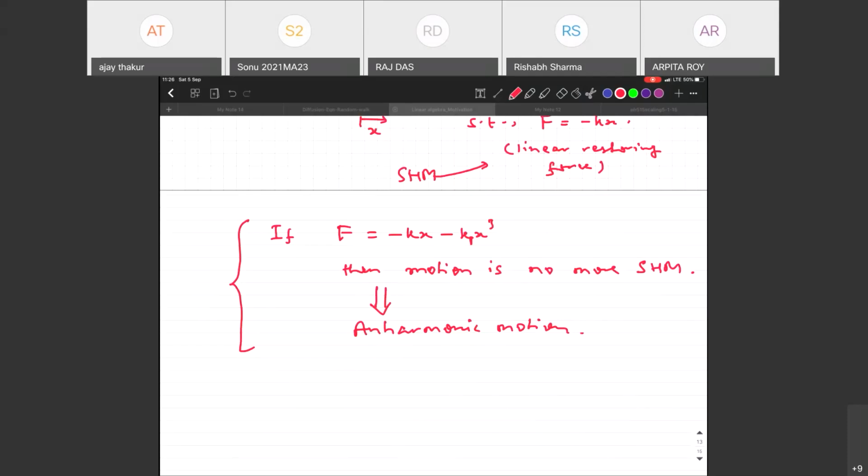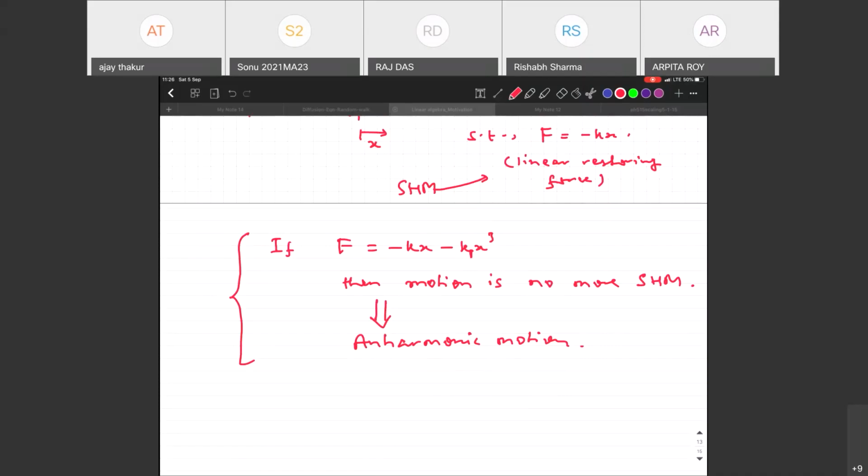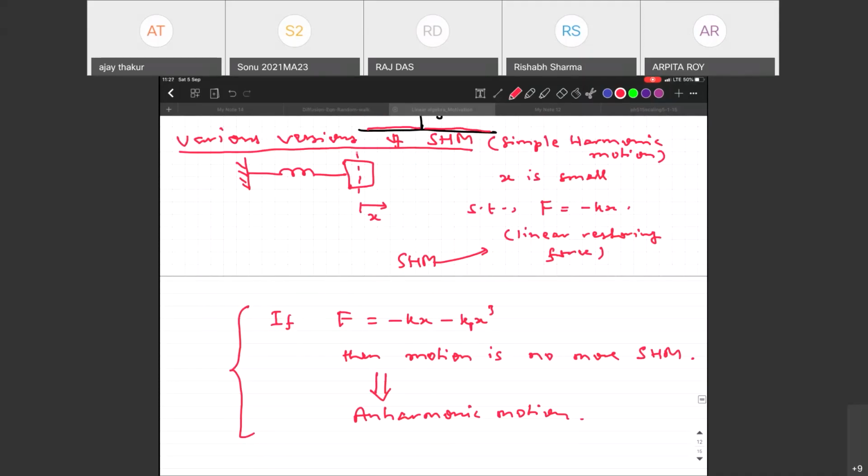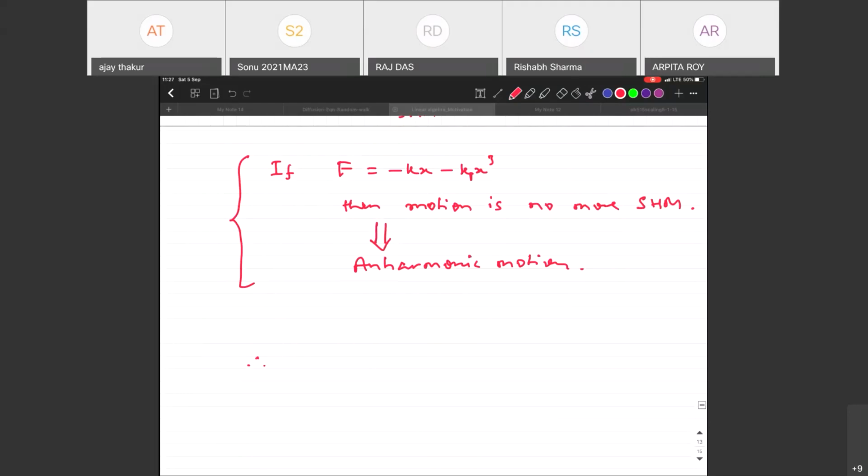So F equals minus kx, right? m times x double dot is F. That is the mass times the second derivative with respect to time.